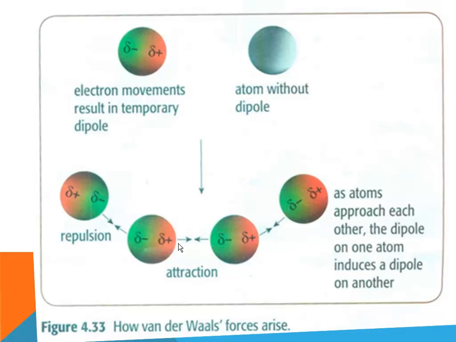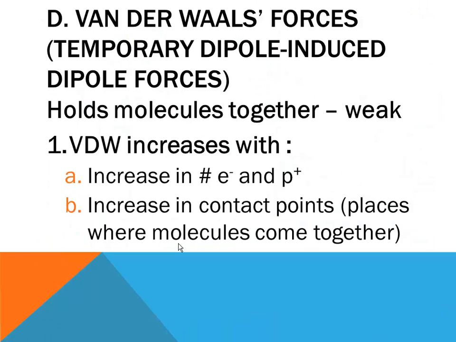The electrons move throughout the atom, so they temporarily become positive on one side and then temporarily negative on the other, and they keep moving around. That's why it's a weaker force, because there's no set positive and negative part of the atom, or the compound, sorry. So they hold molecules together, but they're very weak.